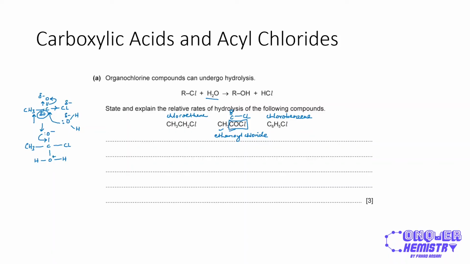This carbon-chlorine bond is now going to undergo heterolytic fission, and so is this oxygen-hydrogen bond, such that both electrons go to the oxygen over here, right? And so this is going to result in the formation of a carboxylic acid over here, and you're going to get HCl as the byproduct. So this mechanism over here is the addition-elimination mechanism for acyl chlorides that we have just looked at, right?